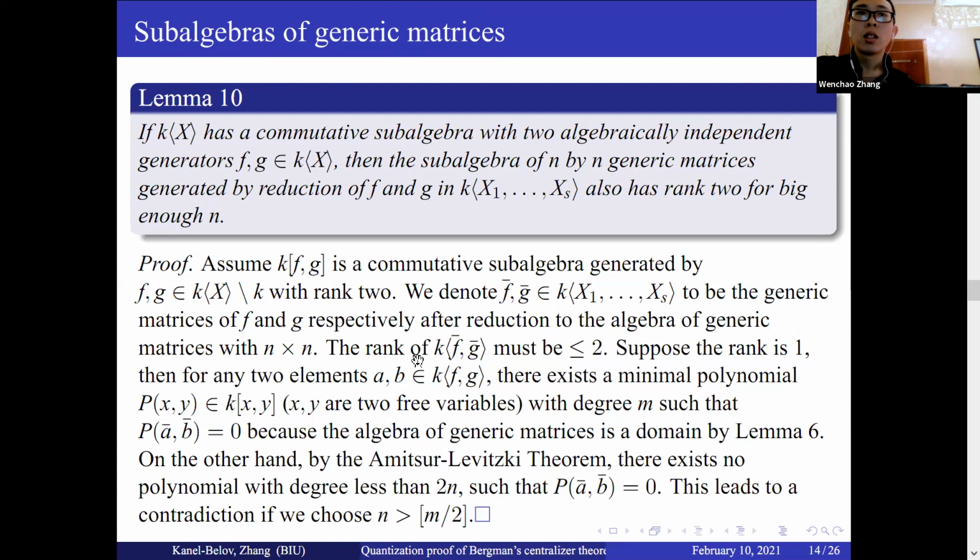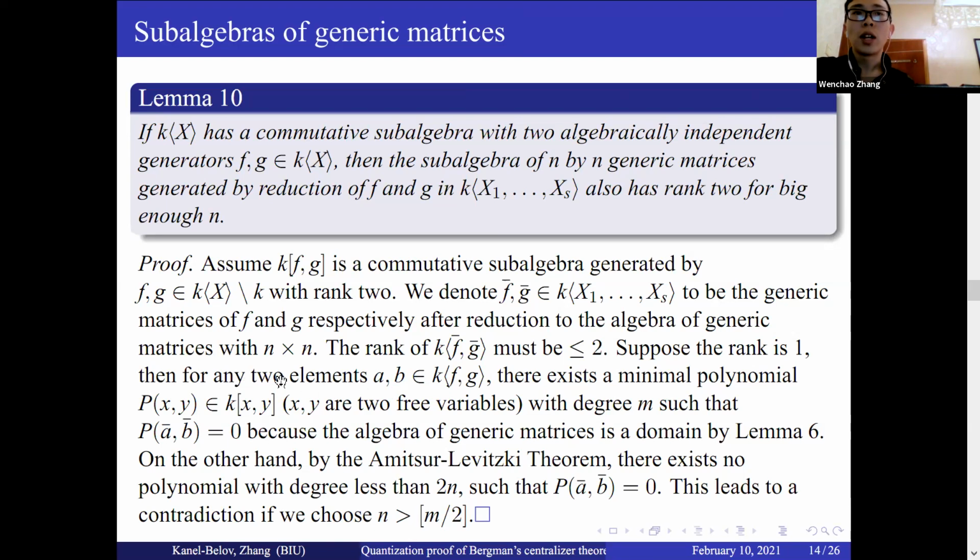So the rank of the algebra generated by f bar and g bar must be less than or equal to 2. So suppose the rank is 1, and we will derive a contradiction.